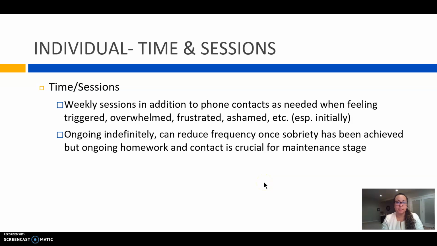Okay, time and sessions. So we already kind of talked about this, but you want the sessions to be weekly, CBT with a therapist, phone calls as needed. And what was really interesting about the literature I was reading is that treatment seems to need to be ongoing indefinitely to maintain sobriety.